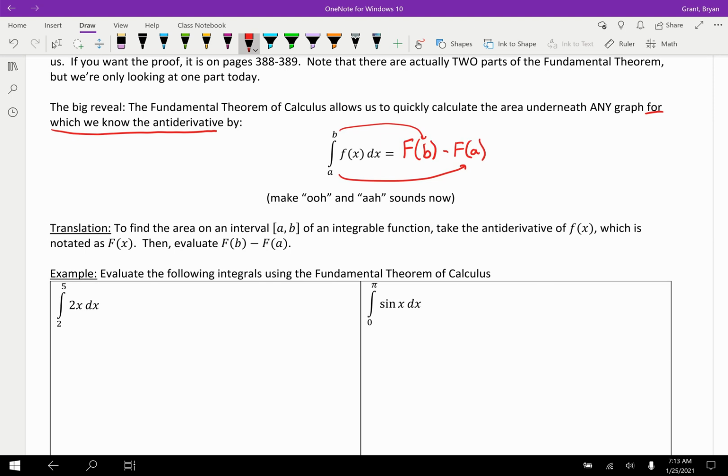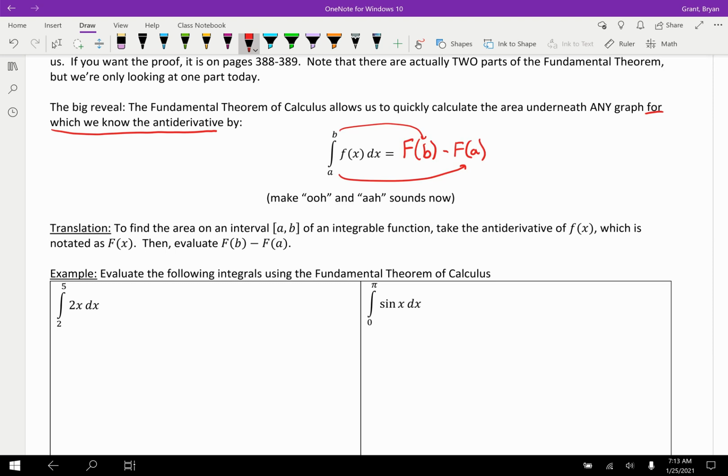A lot of us probably don't know the antiderivative of natural log. Okay? So there are definitely times where we're still going to use that approximation process. In fact, a lot of times when we analyze tables of data in the real world, there aren't perfect functions that fit those. And so we have to use these approximation methods to still calculate the area under the curve.